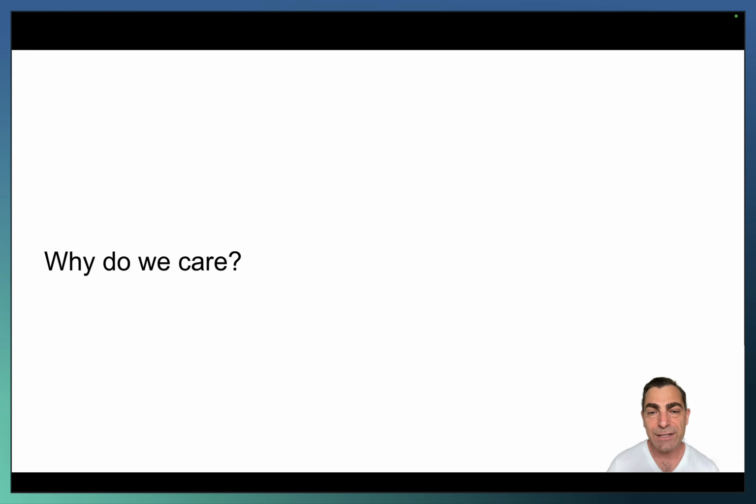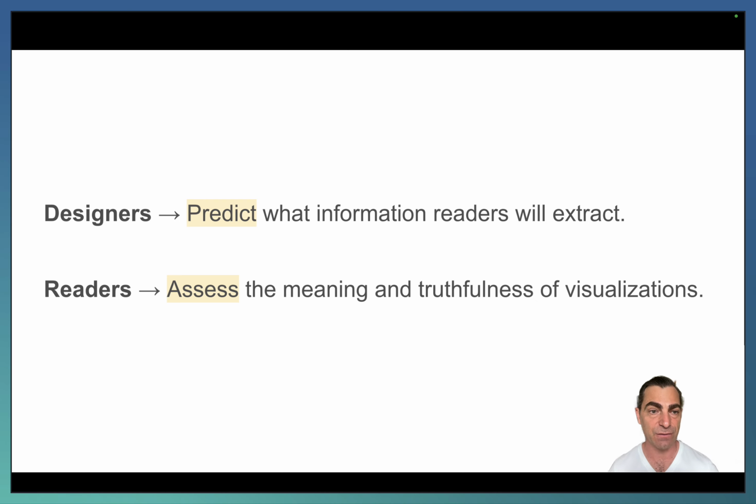I would say there are two main reasons why we care about that. The first one is because if we are designers of data visualizations, we want to be able to predict what information readers will be able to extract or will be induced to extract. And if we are readers, we want to be able to assess the meaning and the truthfulness of these visualizations.